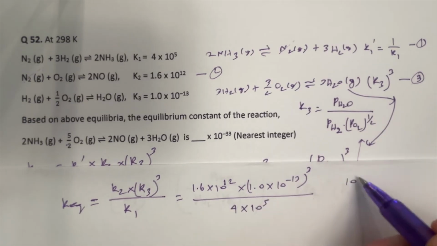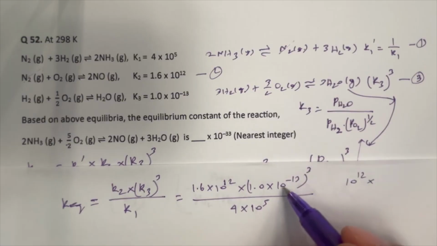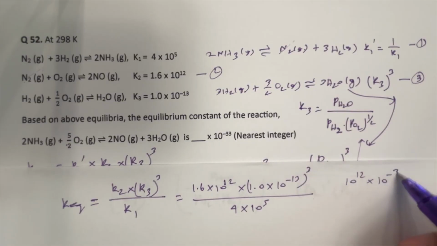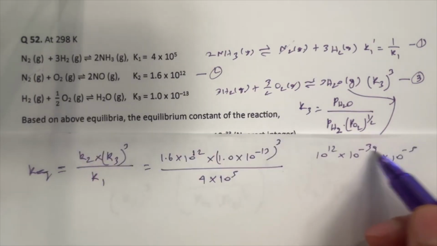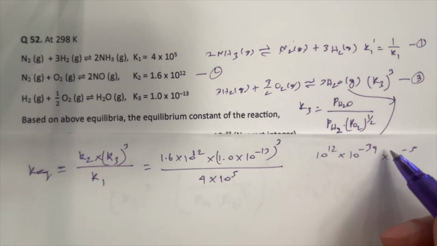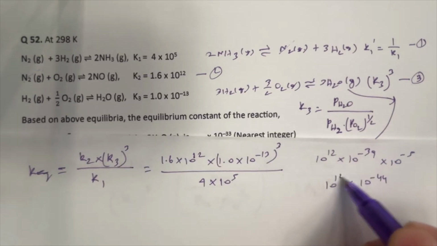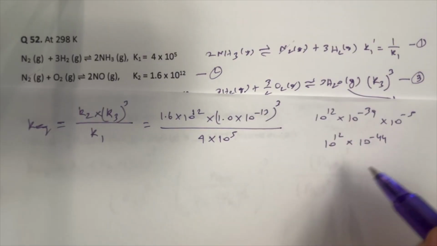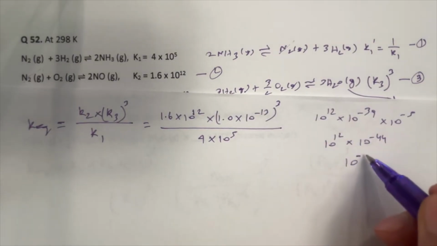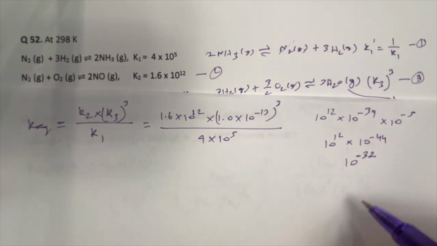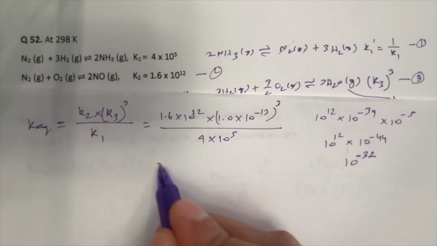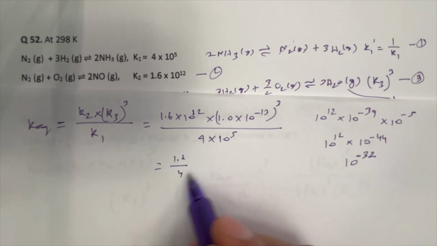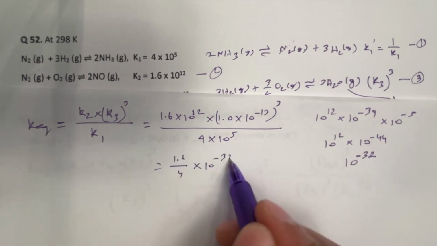So here 10 to the power 12, this will become 10 to the power minus 39. When this one comes up, it will be 10 to the power minus 5. So this will become 10 to the power minus 44 and 10 to the power 12. So this means 10 to the power minus 32, isn't it? So we have 10 to the power minus 32. So this is 1.6 divided by 4 times 10 to the power minus 32.